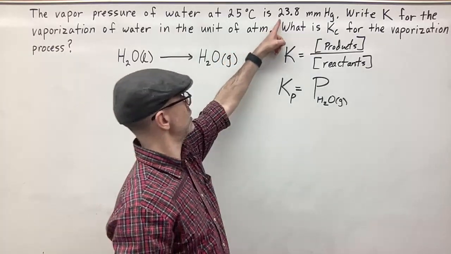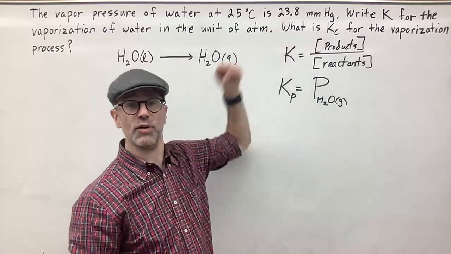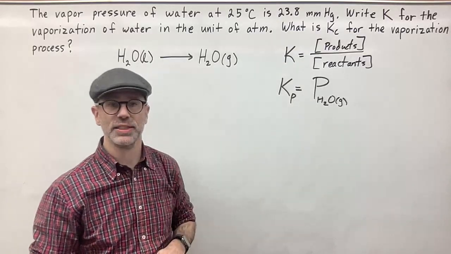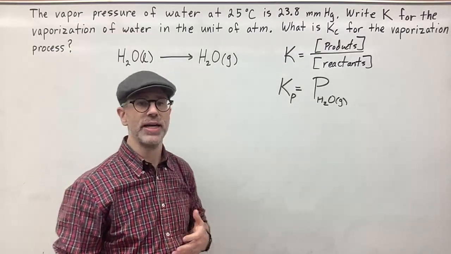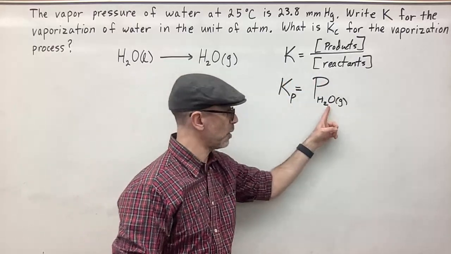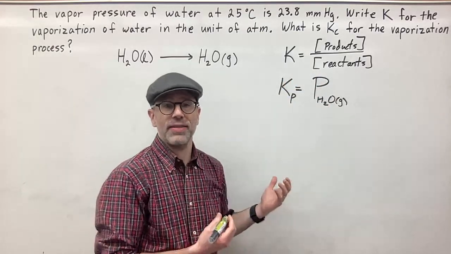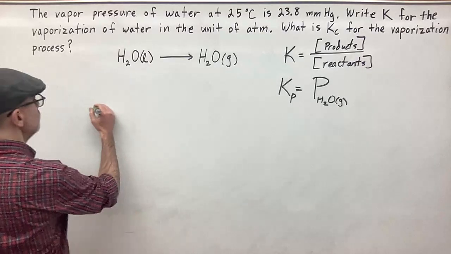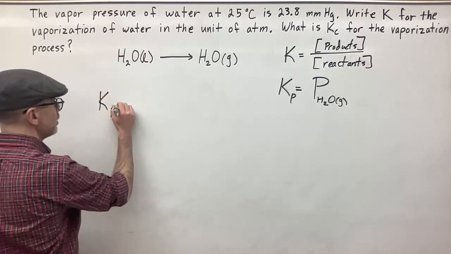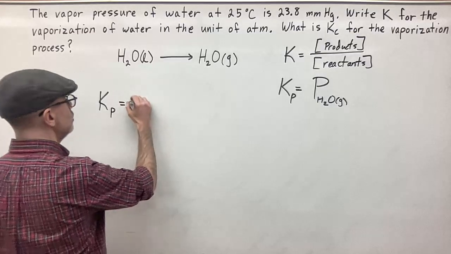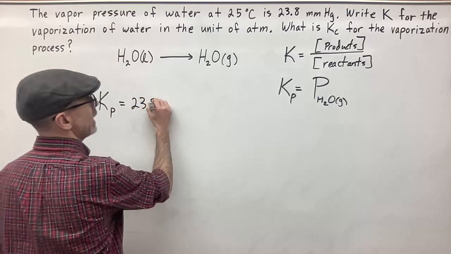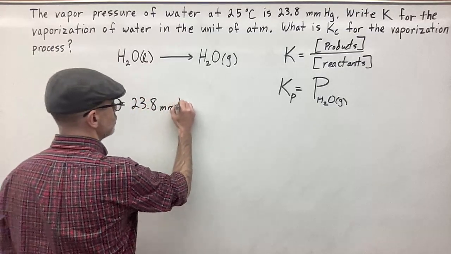So they gave us the partial pressure of water vapor at 25 degrees Celsius in millimeters of mercury. Since Kp is equal to the partial pressure of water, therefore that's it. So Kp is equal to 23.8 millimeters of mercury.